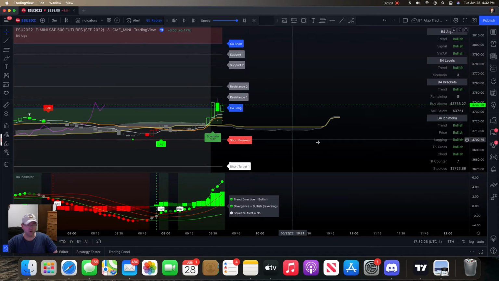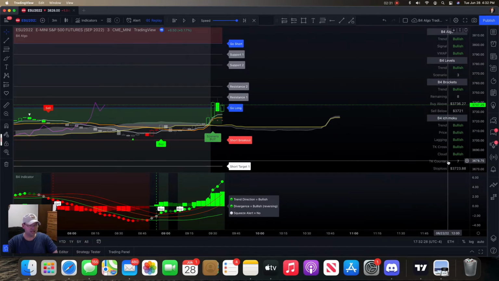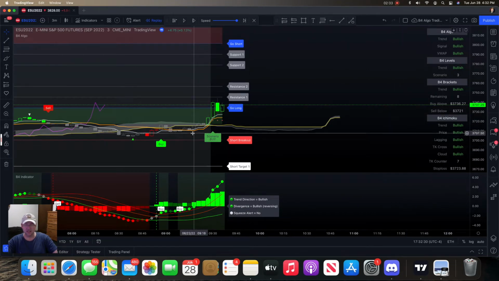So here we are. We have a TK counter on our system. Basically, it's telling us how far back we had the TK cross. That's one of the trading signals in Ichimoku. Now, a lot of people are familiar with the 8-period moving average and the 20, and trade it as a crossover. Same principle applies here.